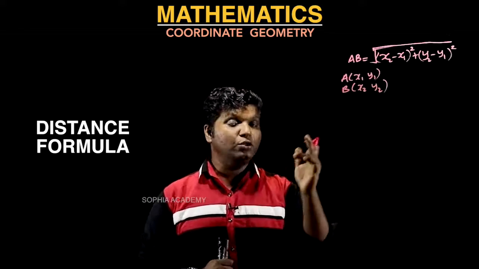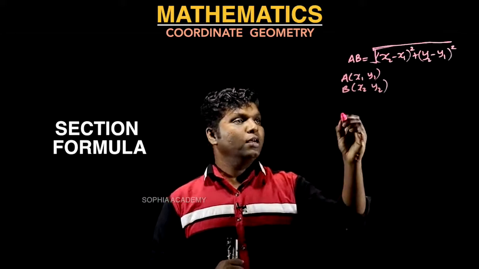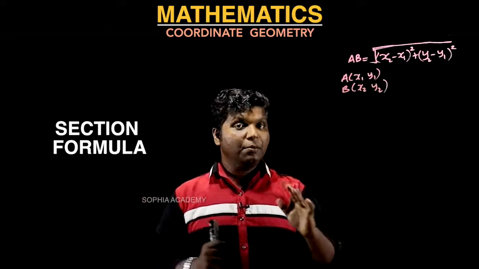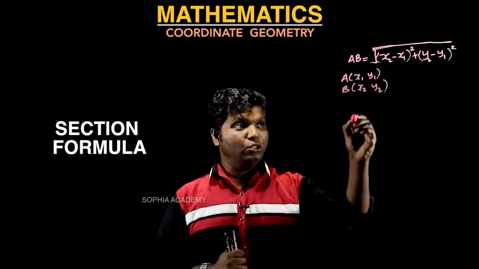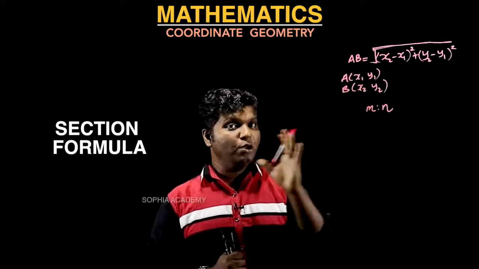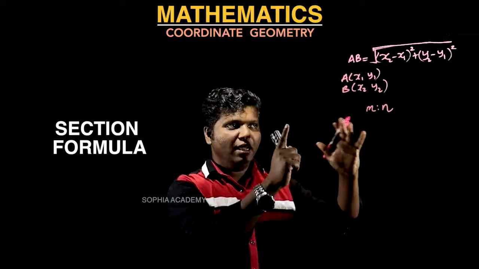The other formula regarding this is the section formula. If you want to find the coordinates of the point which divides the line segment internally in the ratio m is to n, you already know this because we already completed the chapter. This is just an MCQ session, that's why I'm just giving you a summary.